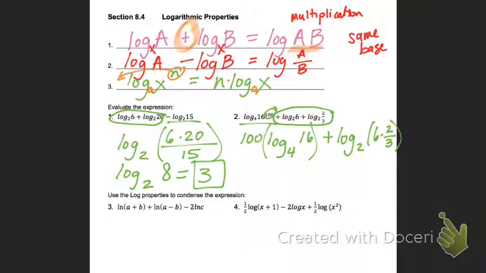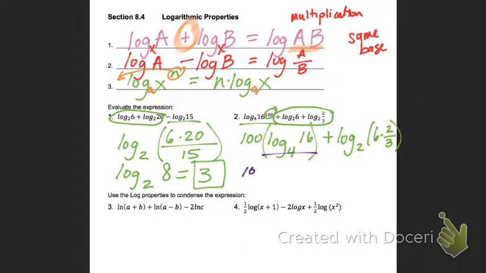Okay, so let's keep simplifying. I'm confused why it's in parentheses. I'm multiplying them. You don't have to do parentheses. Sometimes I just add parentheses. What is log base 4 of 16? It's 2.